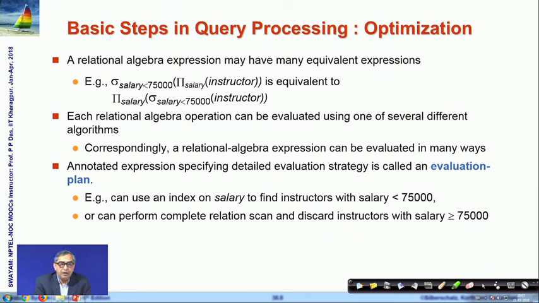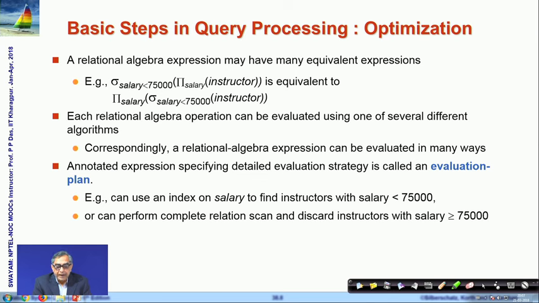So, given a SQL query, you have different possible equivalent relational algebra expressions, and given every relational algebra expression, you have different strategies, different algorithms to execute and evaluate it.